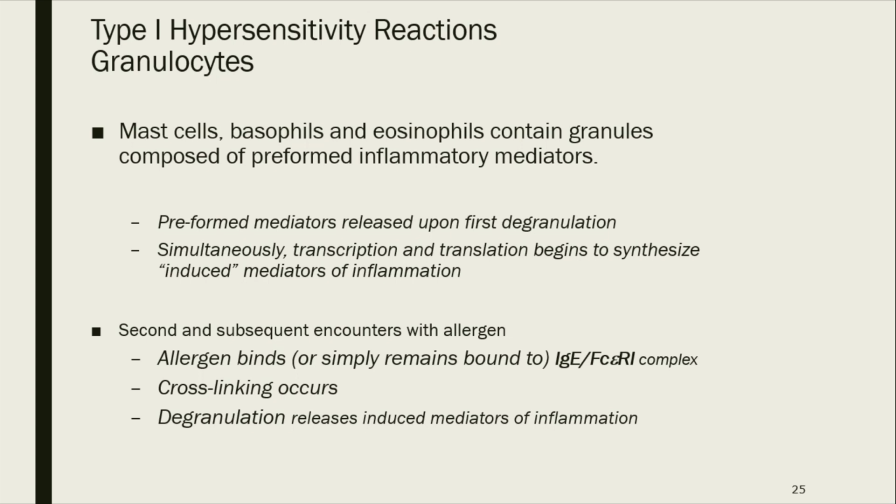When the IgE and receptor complex on the mast cell surface encounter the allergen a second time, these release actions would be very quick, i.e. degranulation. So these are some repeated information. Basically I talked about all this cross-linking and degranulation in the figure before, so I won't repeat it.